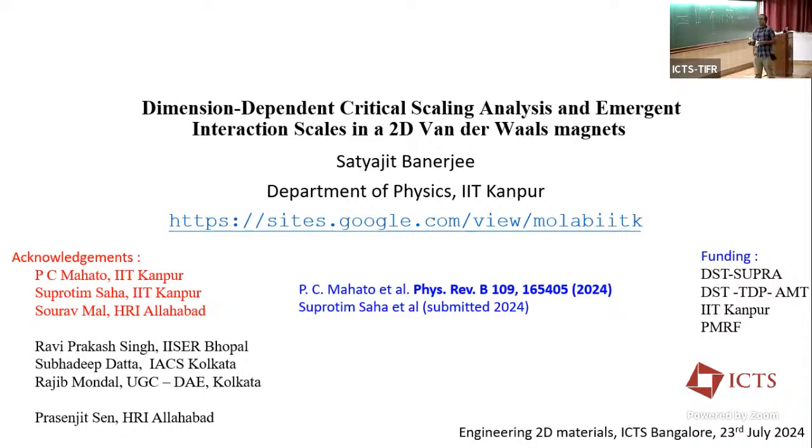The work is essentially that of my students, Pranesh Mahato and Shupratim Shaha. Saurav Mal did the DFT calculations, which we did along with Prasenjit Sen at HRI Allahabad. So let me tell you something about the system that we have studied, and these are the funding agencies.